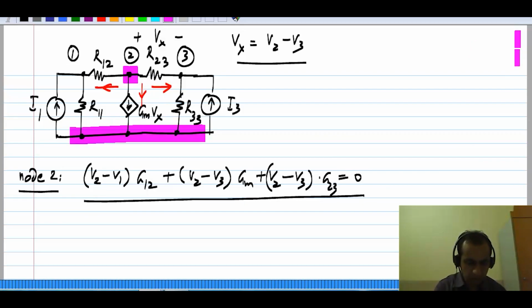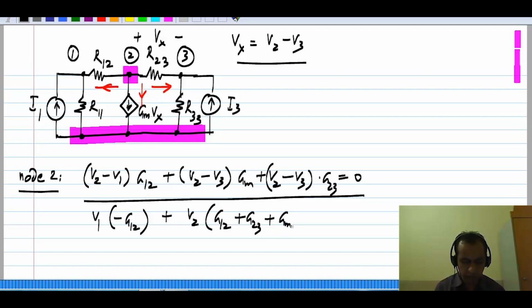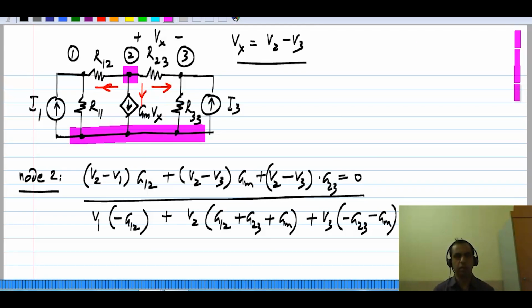If I group the coefficients of each variable together, I'll have V1 times minus G12 plus V2 times G12 plus G23 plus Gm plus V3 times minus G23 minus Gm equals 0. So this is what I'll have.